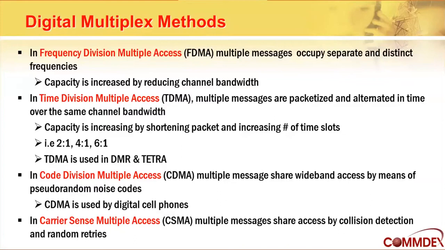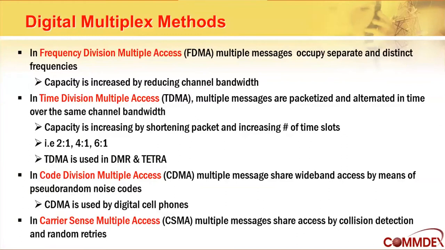Time division multiple access takes it to the next level by packetizing the bit rate, dividing it into time slots. By doing that, we can then increase the capacity by alternating and slicing in time each of the channels.